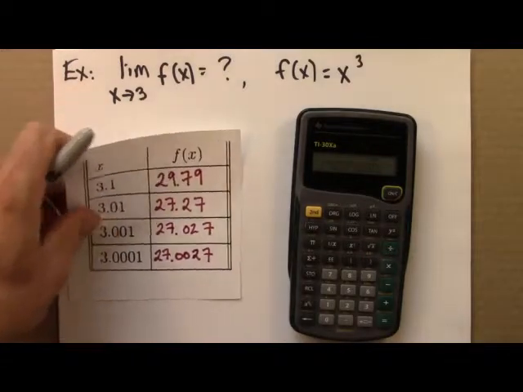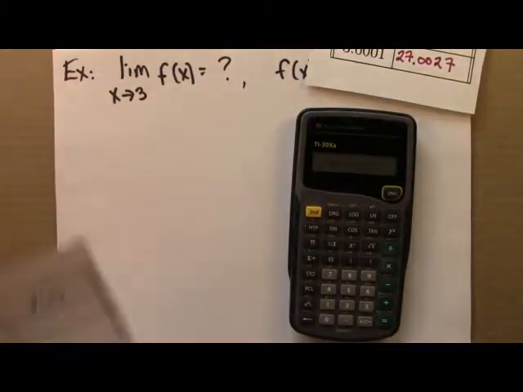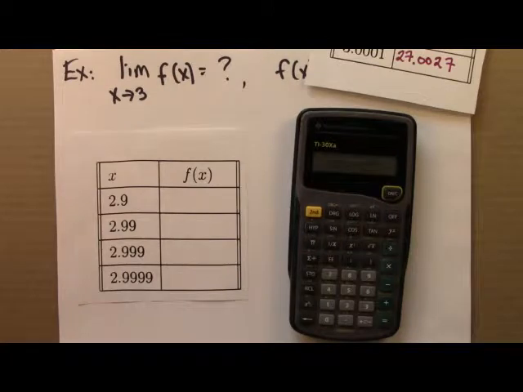To be super sure, we could check from the other side. So what if x approaches 3 from below, 2.9, 2.99, and so on?